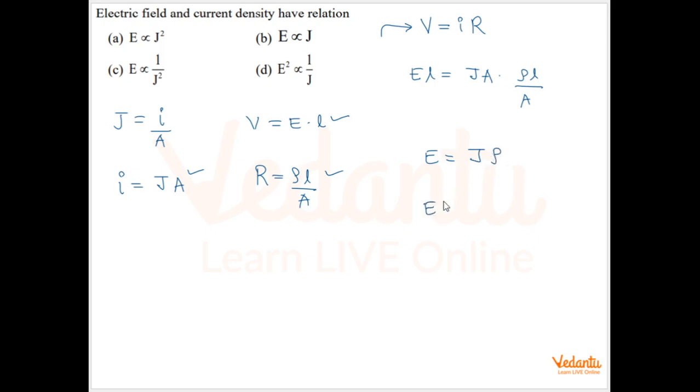So essentially E is directly proportional to J. Option B will be the correct answer.